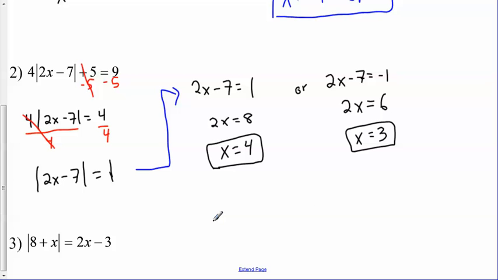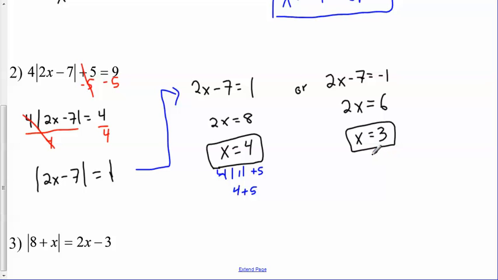When you check, guys, just do your basic plugging in. You have 2 times 4, which is 8. So I have 8 minus 7. So I have 4 times the absolute value of 1 plus 5. So that's 4 times 1, so 4 plus 5, which is 9. Good, so this works.